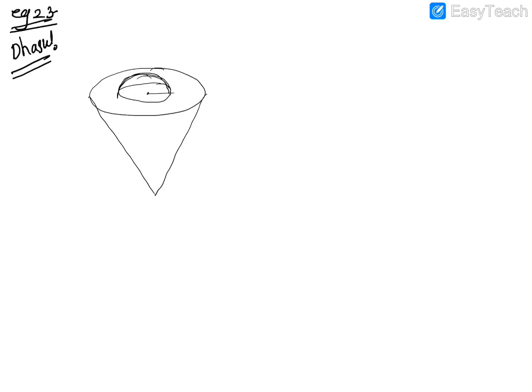So the radius of the cone, big R, is equal to 10 centimeter, and the height of the cone, h, is equal to 24 centimeter.